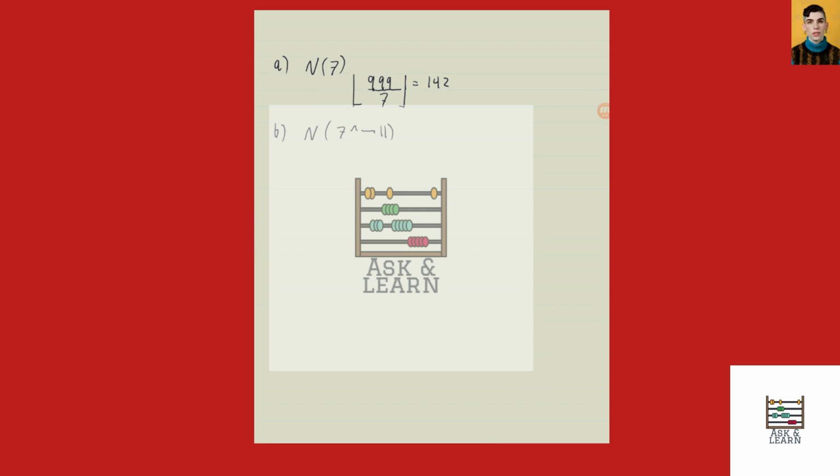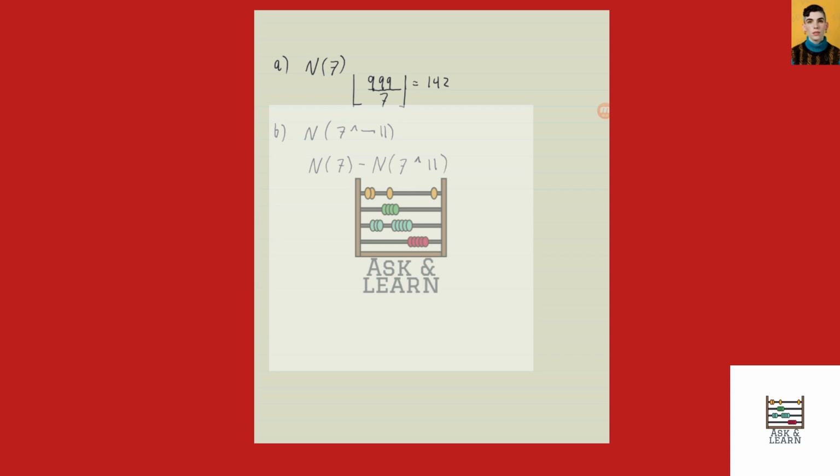So what we can do here is take the number of integers divisible by 7, and subtract off the number of integers divisible by 7 and 11.